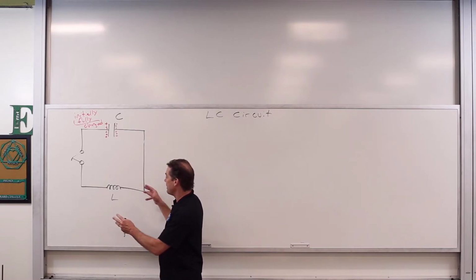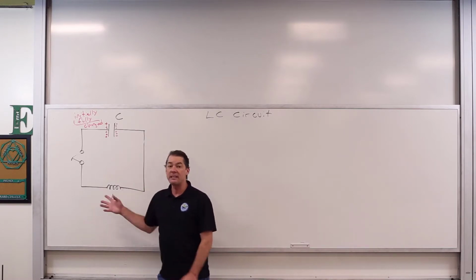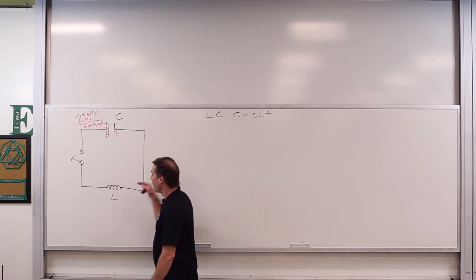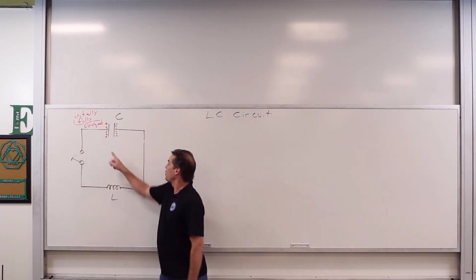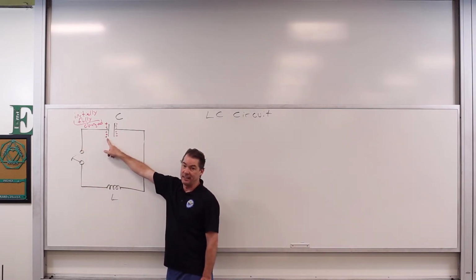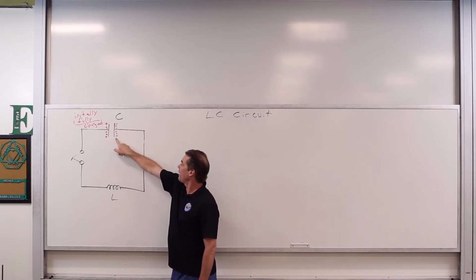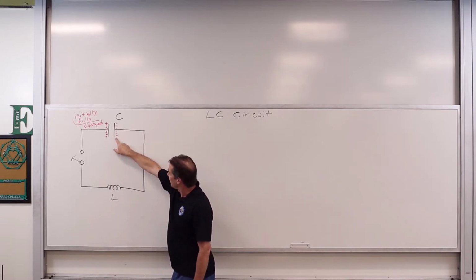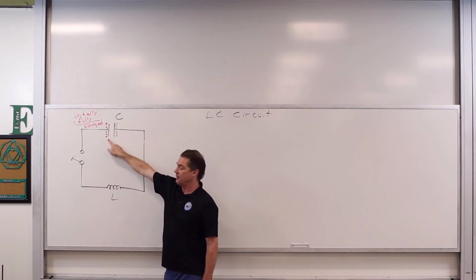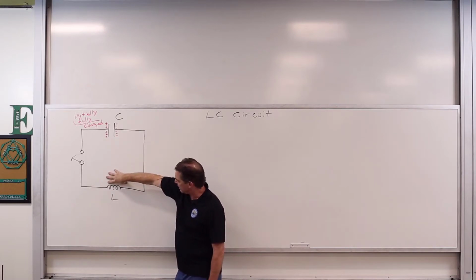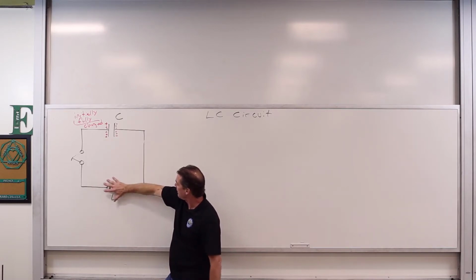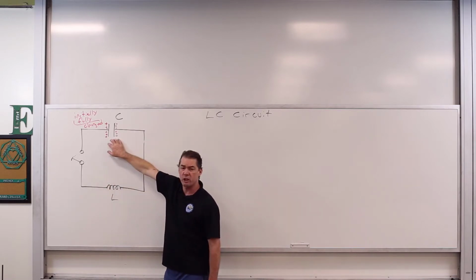So the inductor starts to release the energy it stored, which further transports electrons onto this plate, until all the electrons that were separated onto this plate are now separated over here, and all the energy that was stored in the inductor is gone. No more magnetic field, no more change in flux, fully charged capacitor.